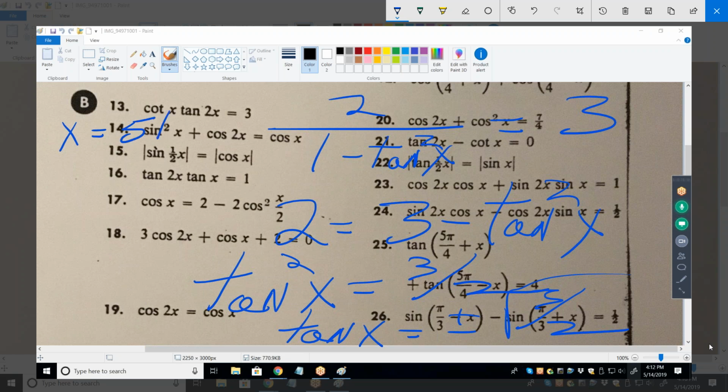And what else for the plus side? That's going to be 51 plus 180, so that's 231. Now for the minus side, what's the second quadrant? 129. And the fourth quadrant? 309.